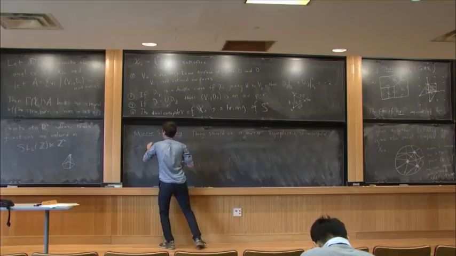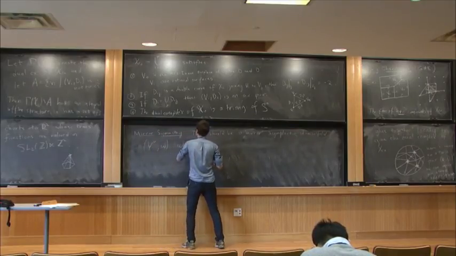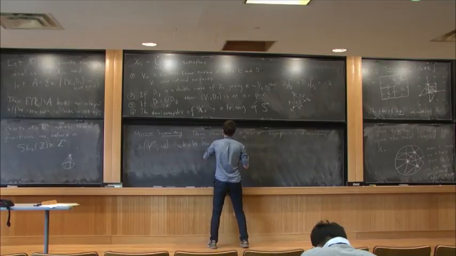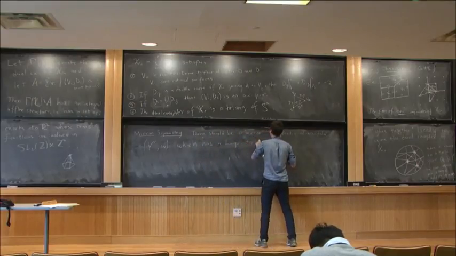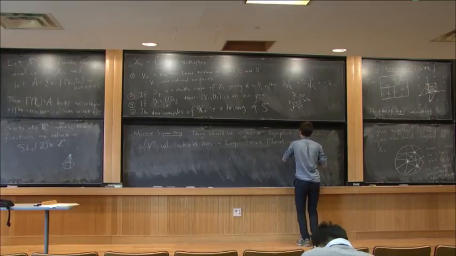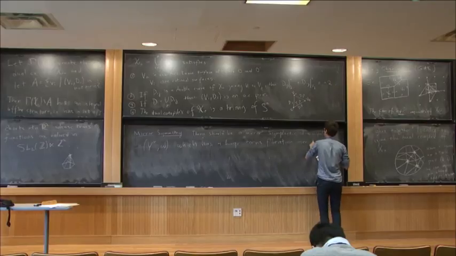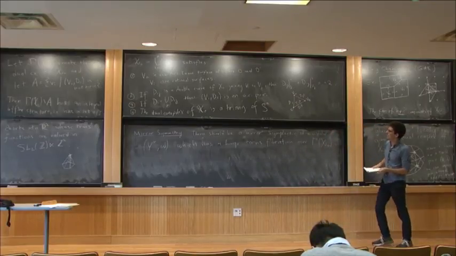I'll call it Y check omega, which has a Lagrangian torus fibration over the dual complex of the central fiber.